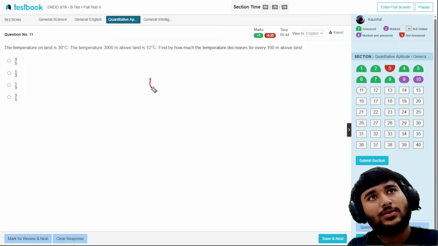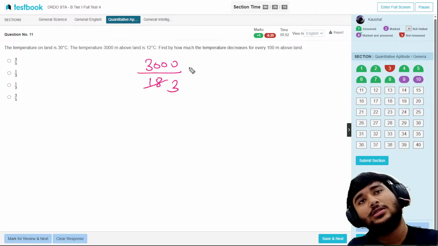Thirty minus 12 is 18 upon 3000. 9, 6 3 is 18, 6 5 is 30.